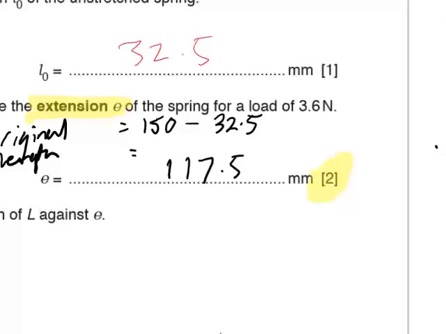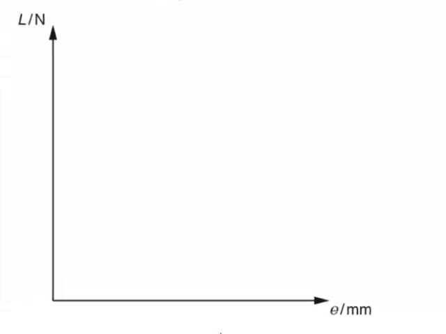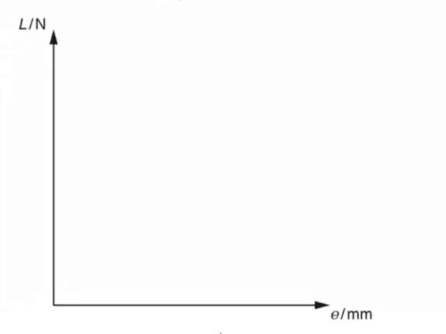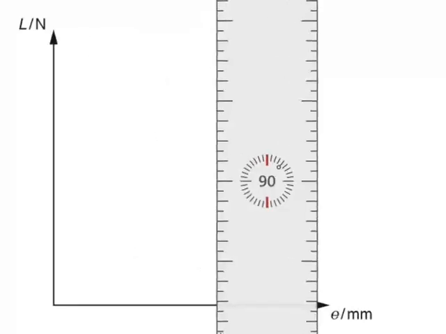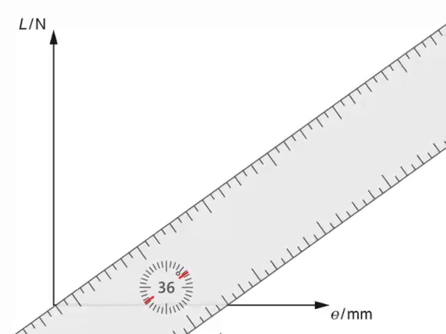I mean for a simple mark it should be 1 mark, but here we give you 2 marks. It should be for the additional steps. From the axis, draw the level sketch. We just want to sketch, very easy. L and E are directly proportional, so this will be the graph.